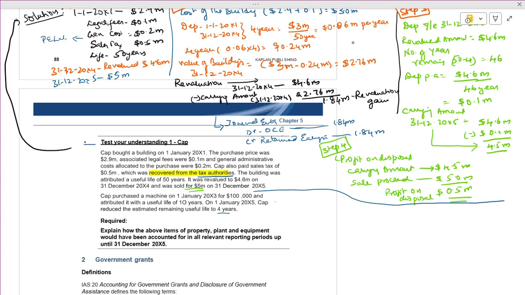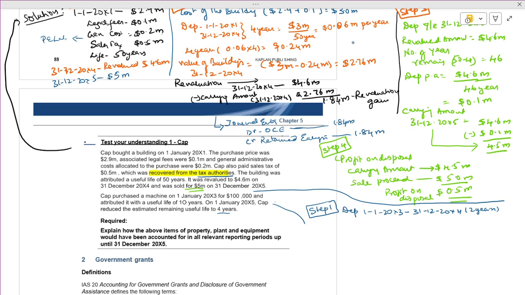First, what you have to do again. My approach is very specific. Everywhere I will write step 1, step 2. Step 1: depreciation from 1/1/2003 to 31/12/2004, 2 years, because on 1st January 2005 they have reduced the life of the asset.